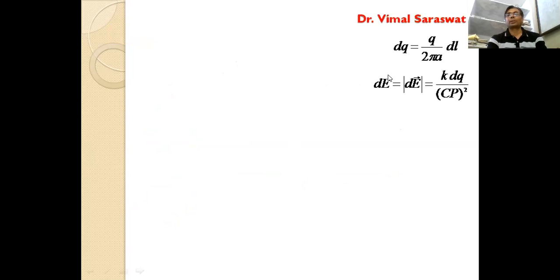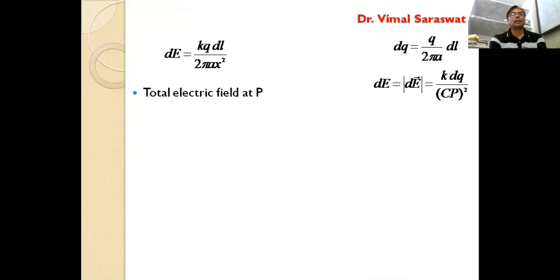If we substitute the value of dq here, then the value of dE will be dE is equal to kq dl upon 2 pi a x square, since CP is equal to x. And this electric field will be along CP.